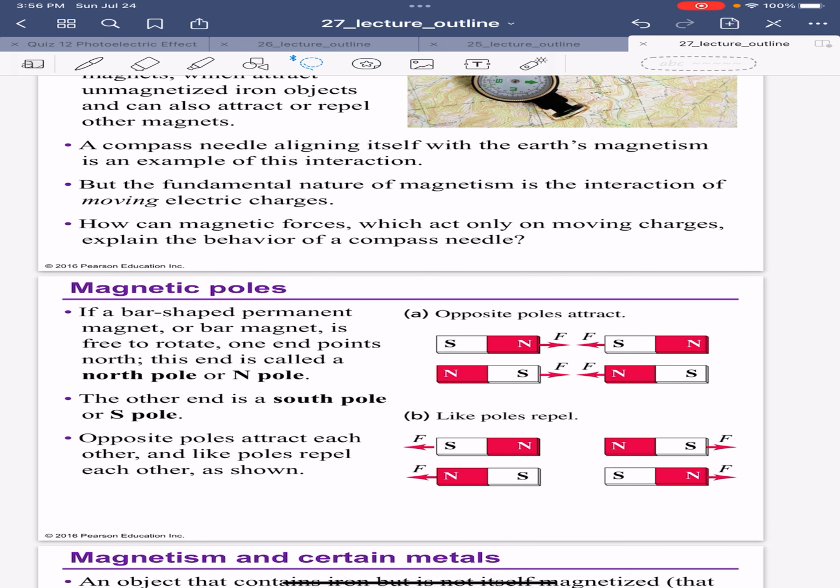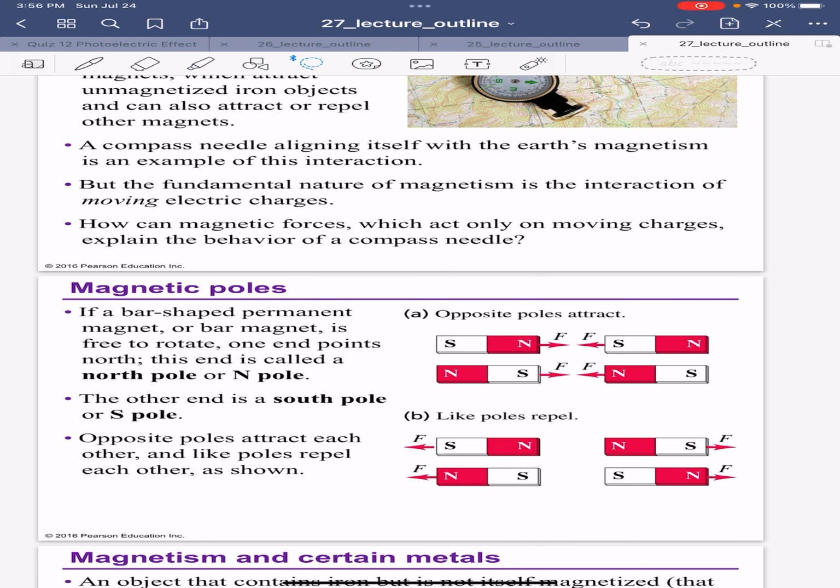Here, of course, you could recognize that if you have two magnets and you put them side to side, they might attract each other, and if you reverse one, you are going to get repulsion. Here we are just displaying bar-shaped permanent magnets.